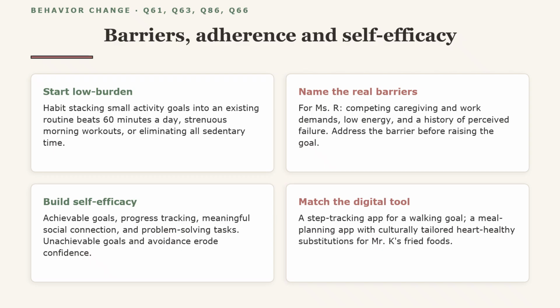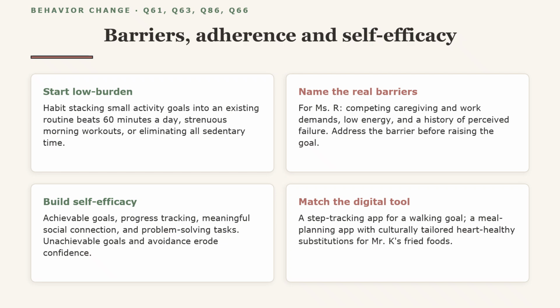All right, so barriers, adherence, and self-efficacy. Low burden, evidence-based strategy. This is in regard to habit stacking.